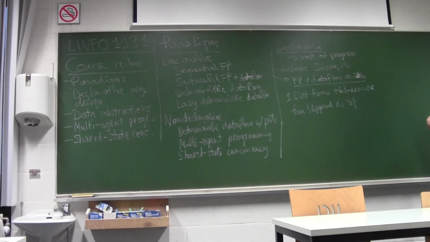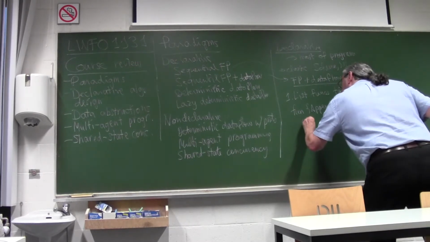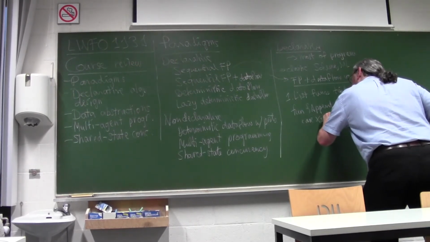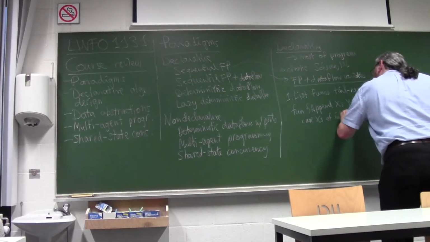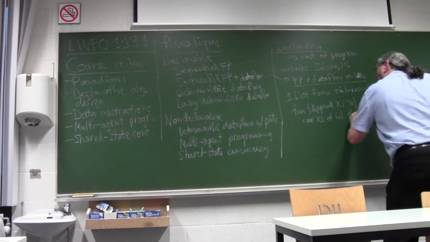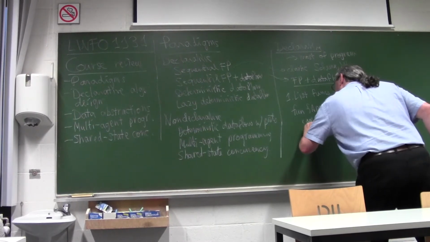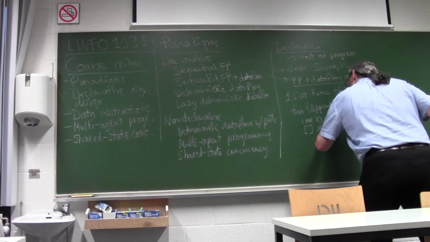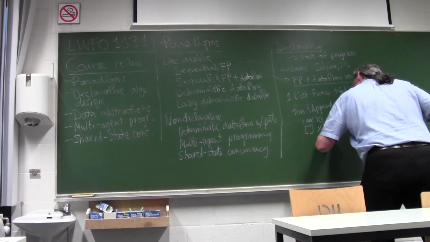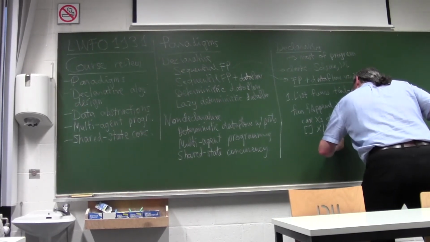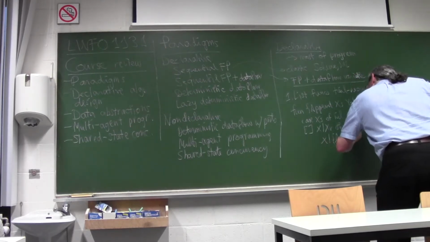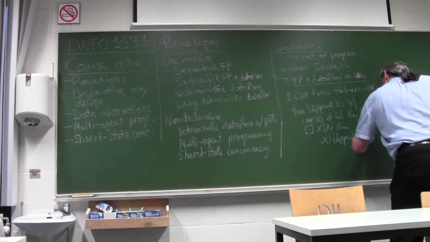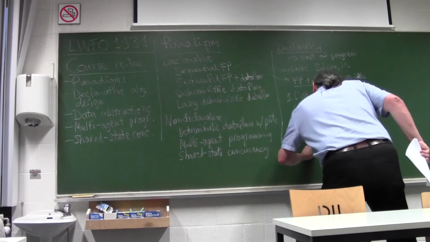XS and YS are lists. Append XS YS is: case XS of nil then YS, otherwise X bar XR, and we have X bar Append XR YS. Okay?